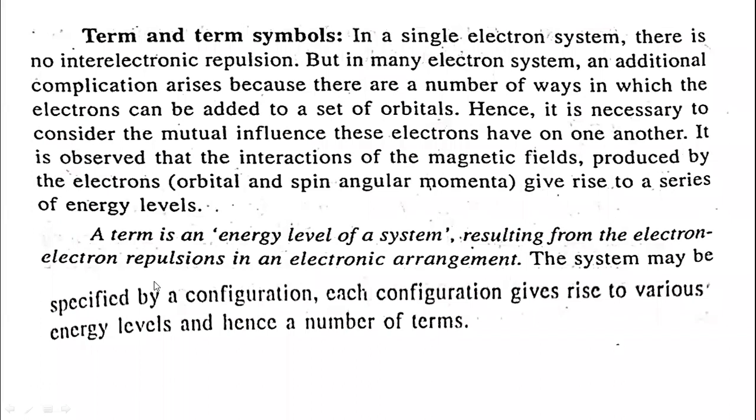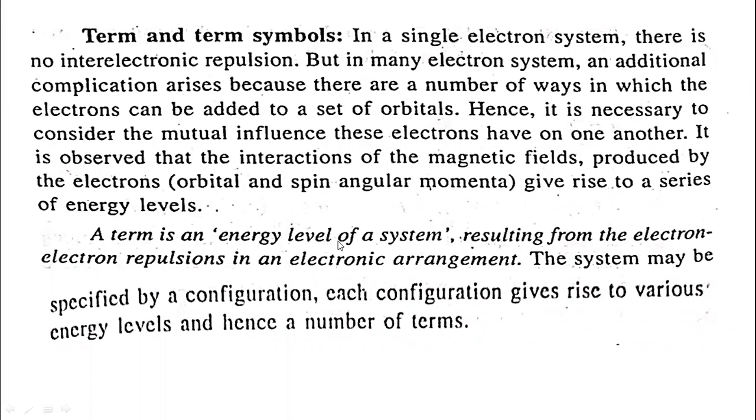So a term is an energy level of a system resulting from the electron-electron repulsions. Particularly, this is observed in a many electron system, not a single electron system, because electron-electron repulsion is possible there.